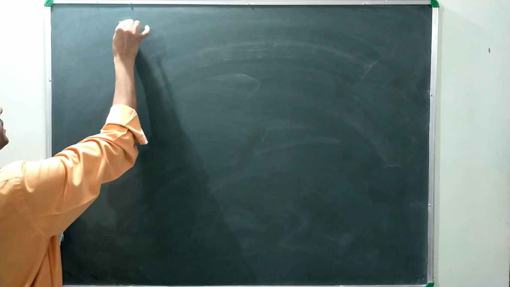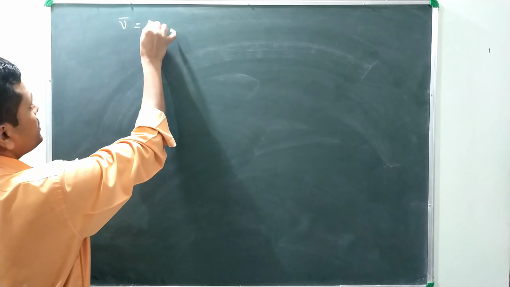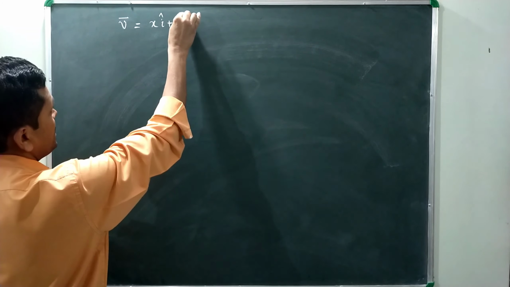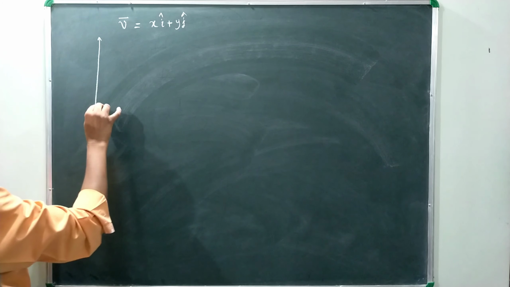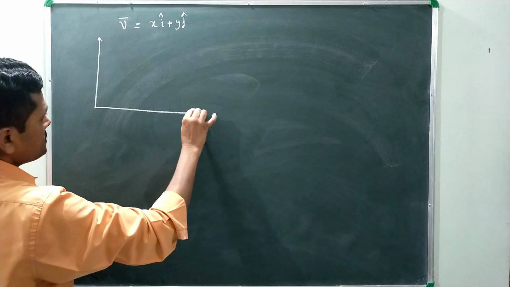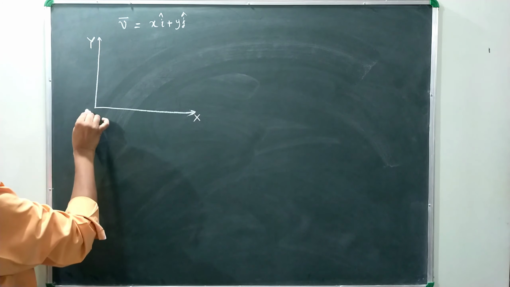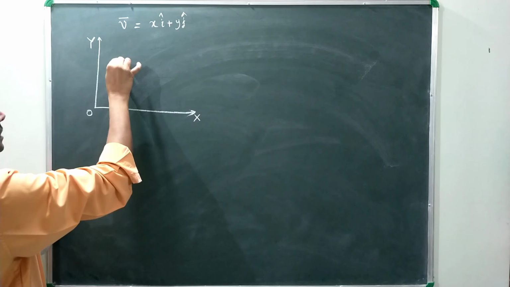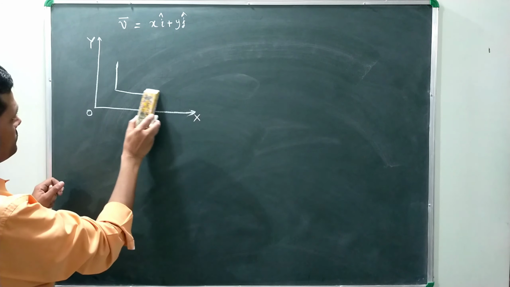Let we have a vector field V equal to x i cap plus y j cap, and say this is the x-axis, this is your y-axis, this is the origin, and we are considering a rectangle in the first quadrant.